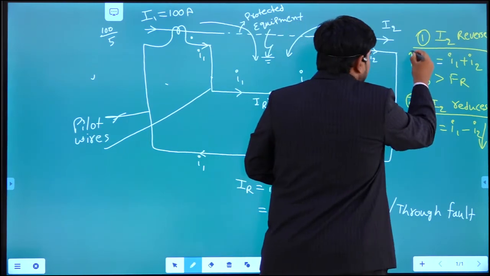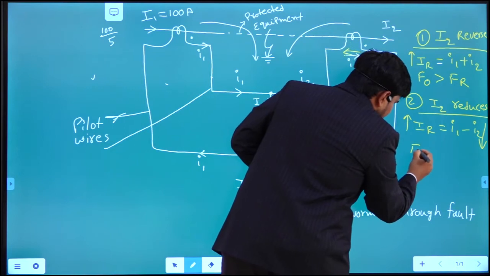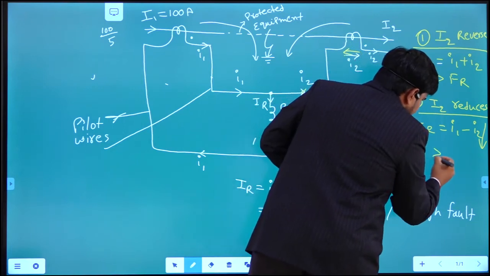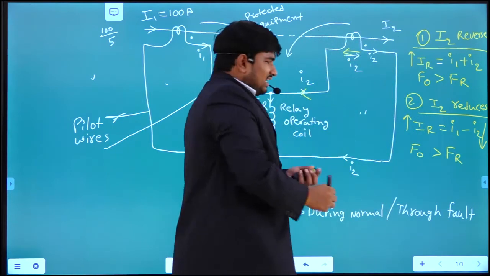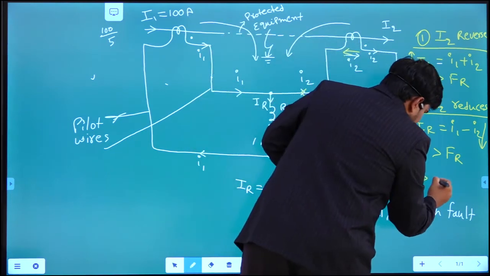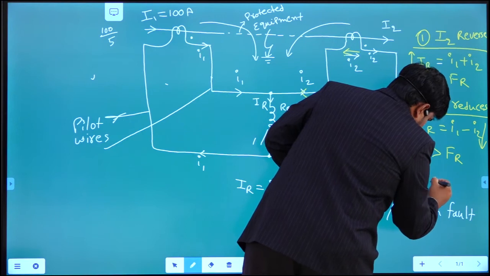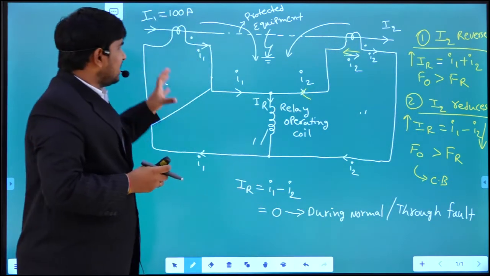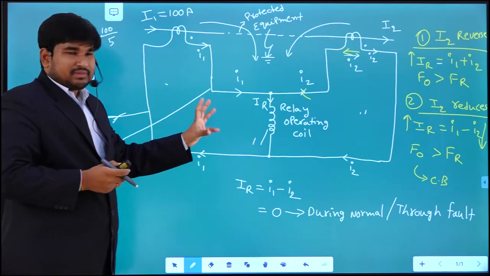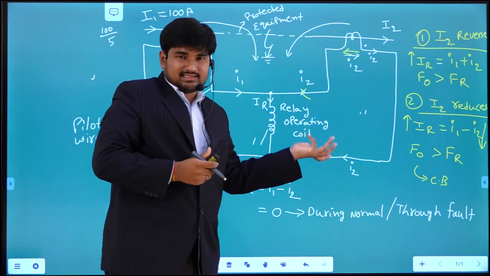Similarly, here also IR increases. So the operating torque or operating force will be greater than the restraining torque, and the signal will be generated to the circuit breaker. So this is the operation of differential relays.